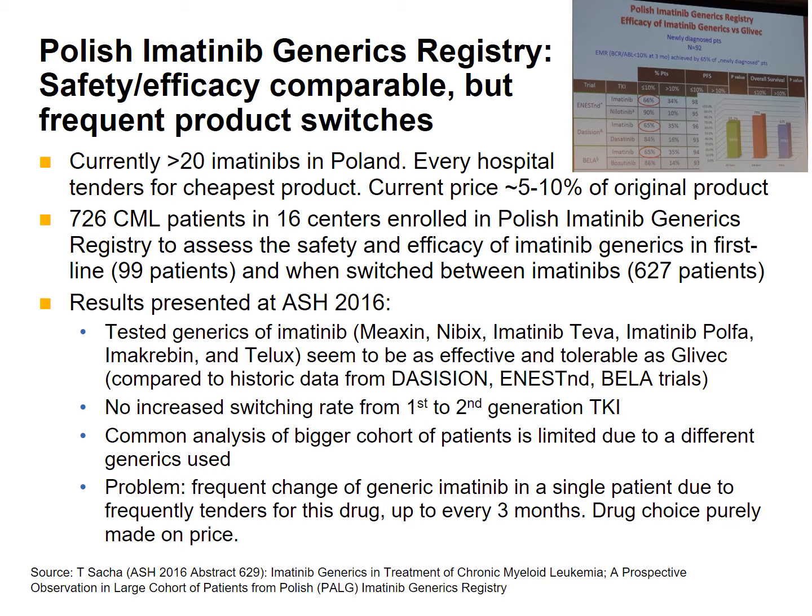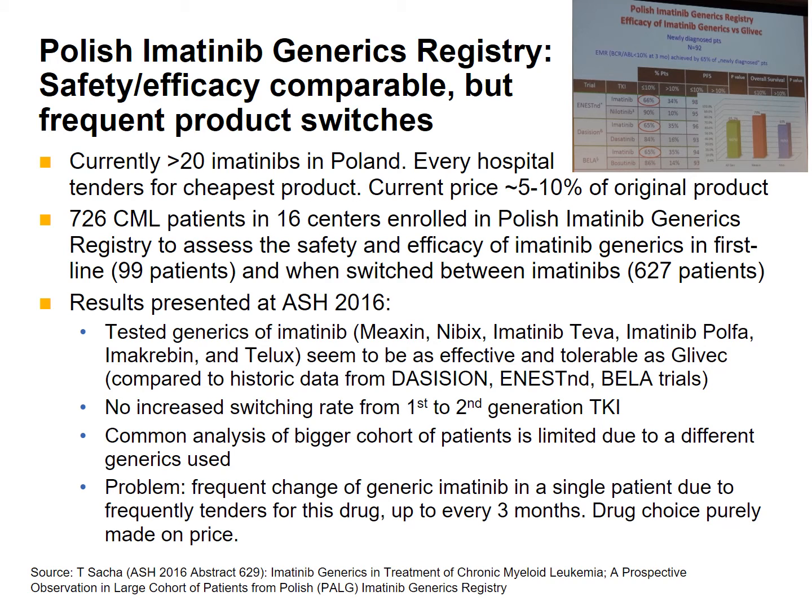So they looked at how the effectiveness and tolerability would be expected. There was no increased switching rate from first to second generation TKIs, which also is an indicator that probably there's not more progression or more resistance than under the original.